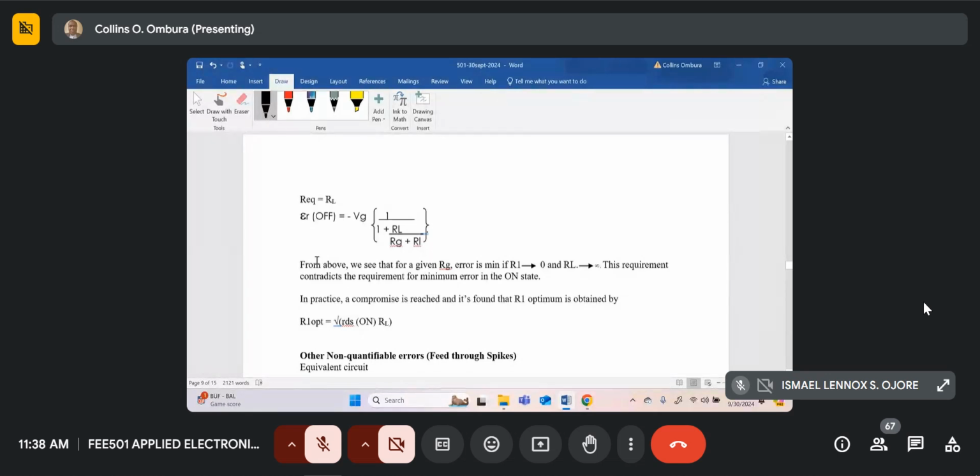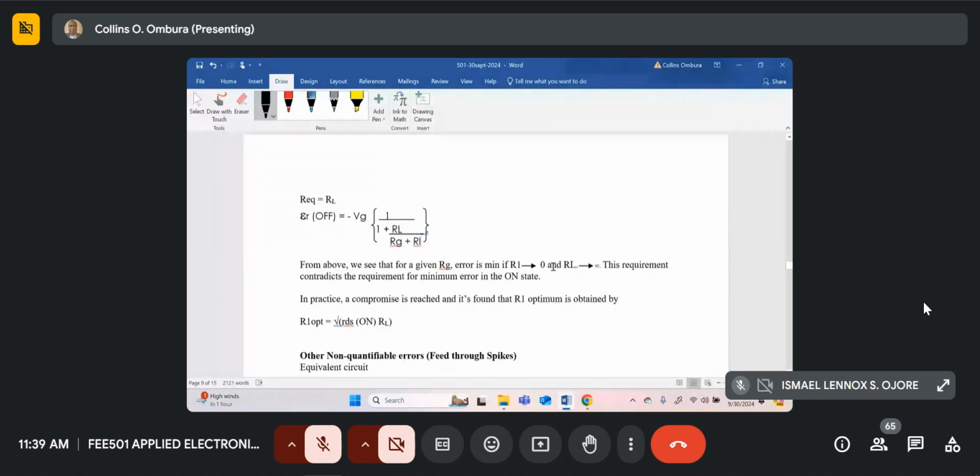Okay, so we can make some conclusions over here. From the above equation, we see that for a given RG, remember RG is the resistance of our source or of our transducer, for minimum error, R1 should approach 0, because if R1 is small, then RL divided by RG plus R1 will be large, and therefore the division of RL by this small number will be large.